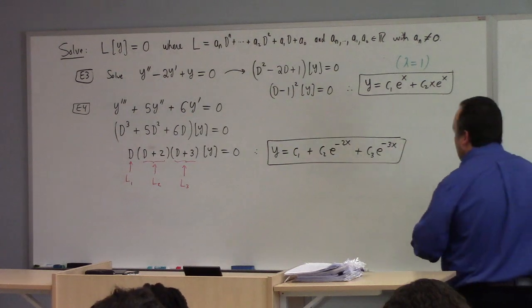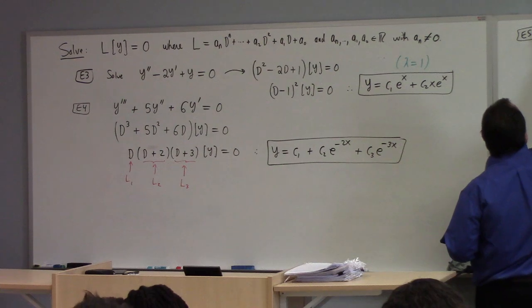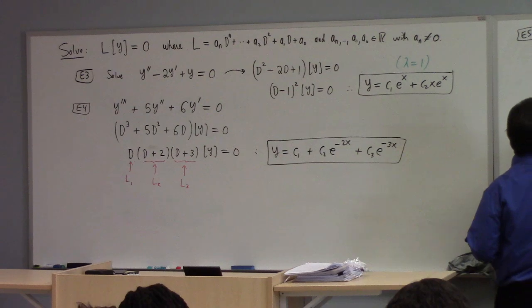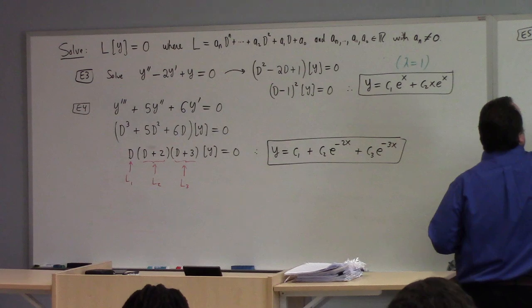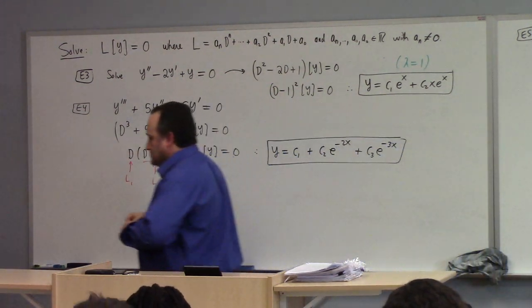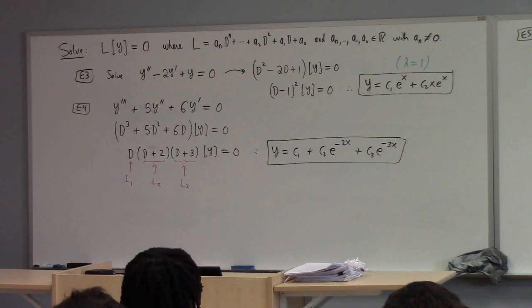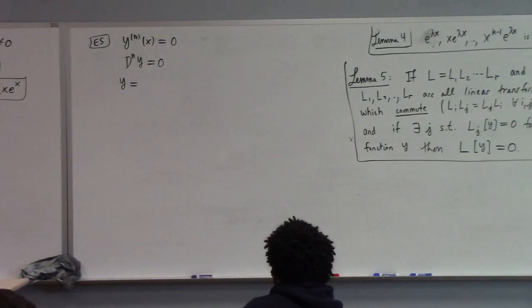How about this? Example 5. I've got y to the nth derivative acting on x equals 0. This is D to the power n acting on y equals 0. What's my solution? I don't know if you guys remember or not, we solved this before.